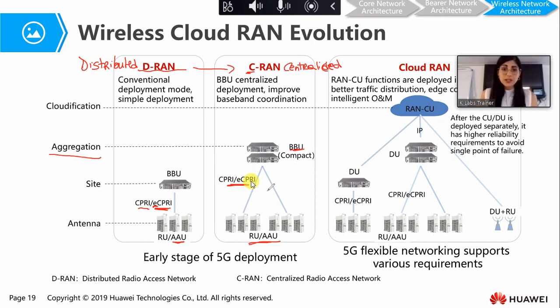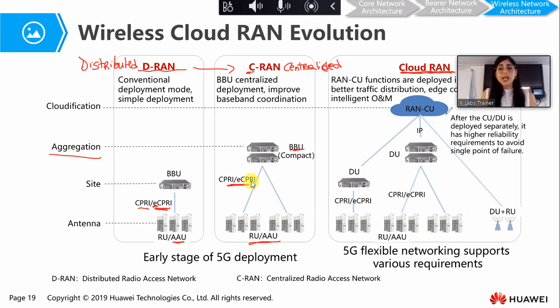The disadvantage is that we increase the distance between our baseband unit and RF unit, and increasing the distance, we also increase the latency. So if we have applications which are latency sensitive, this implementation is not so suitable. So we are evolving to the Cloud RAN.